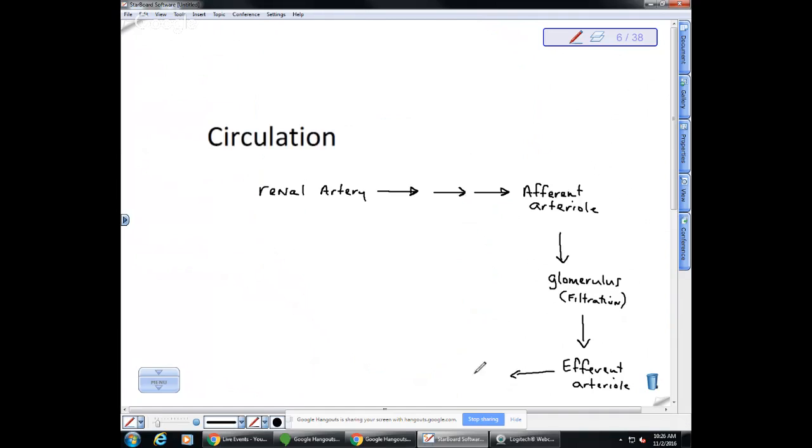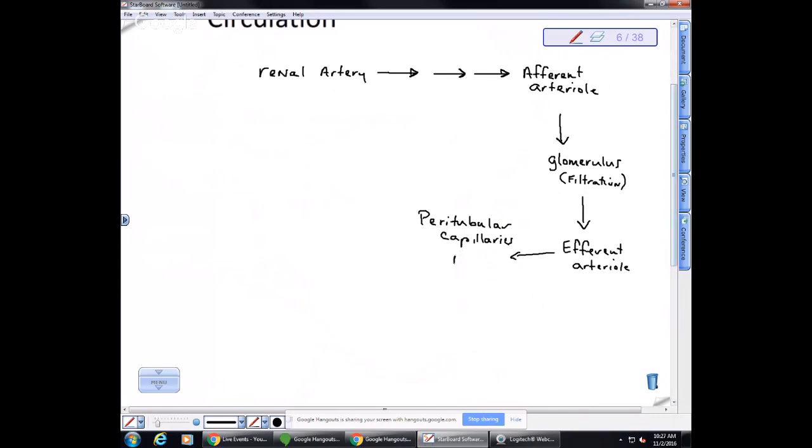And so the other capillaries include what are called peritubular capillaries, plus a special type of capillary bed, which we're going to talk about, called the vasa recta. Okay. And then it goes into bigger and bigger veins, right, until it leaves via the renal vein. Make that a capital, renal artery, renal vein, okay?